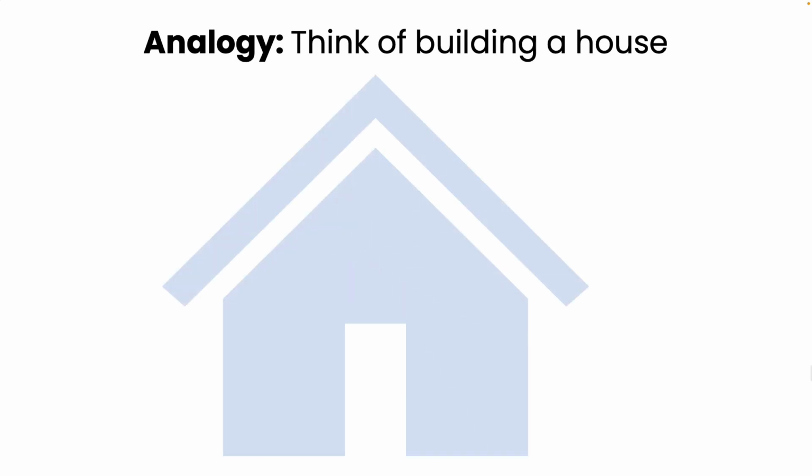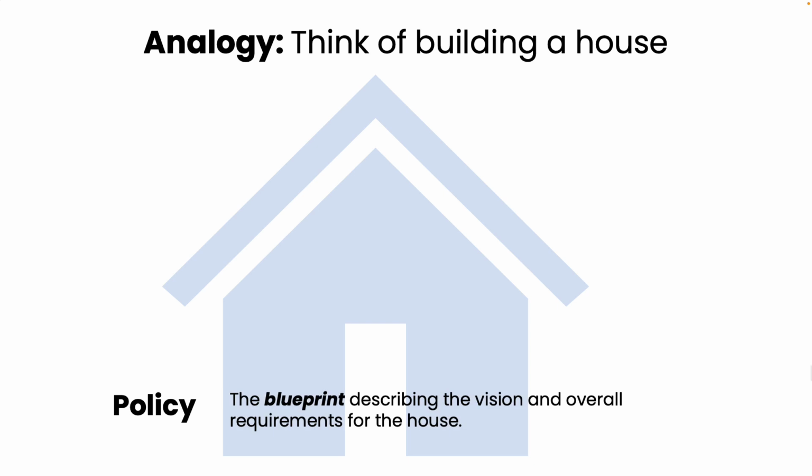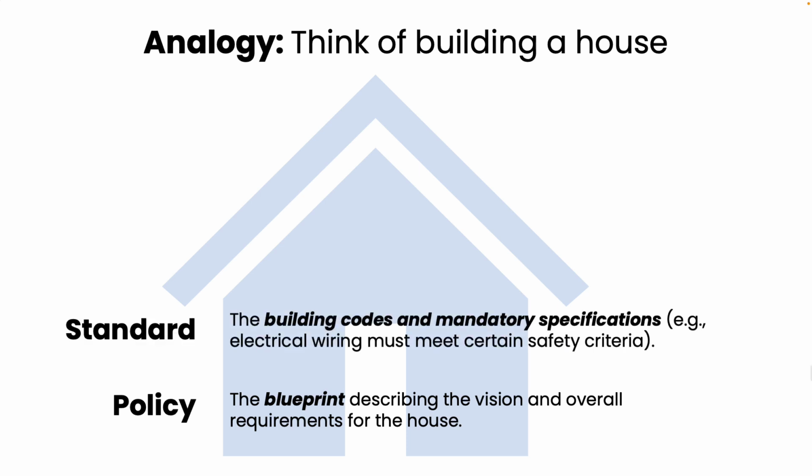All right, so let me just put this into an analogy. Think of building a house. So the policy is the blueprint that describes the vision and overall requirements for the house, what we're looking to achieve as an end result. The standard would be the building codes and mandatory specifications. The electrical wiring must meet certain safety criteria, for example.